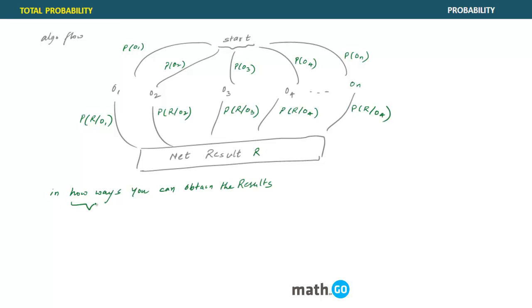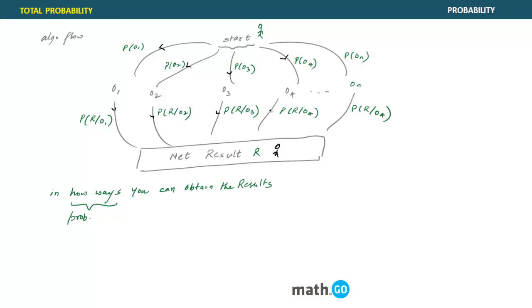Rather than saying how many ways, which looks like a PNC problem, what is the probability that you will obtain it? So it is nothing but multiplication of all these paths. So let's say you start here and you want to reach somewhere here. What are the options here? You will reach through this path, you will reach through this path. All these paths are your options.